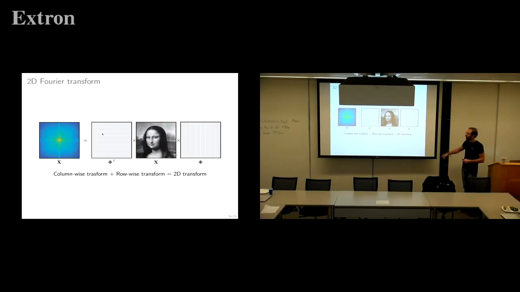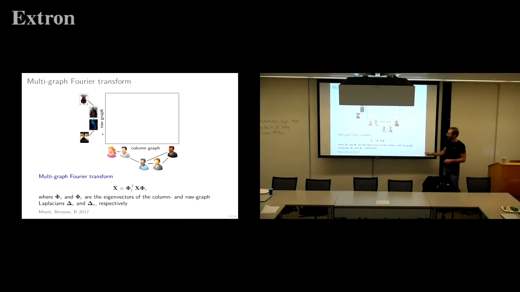So if an image is a matrix X, you multiply it by the Fourier basis matrix from the left and by the Fourier basis matrix from the right. So you get the Fourier transform of the columns, and then you do the Fourier transform of the rows of the result. So you can write it like this.